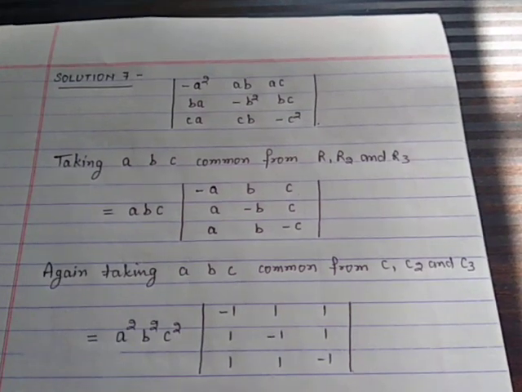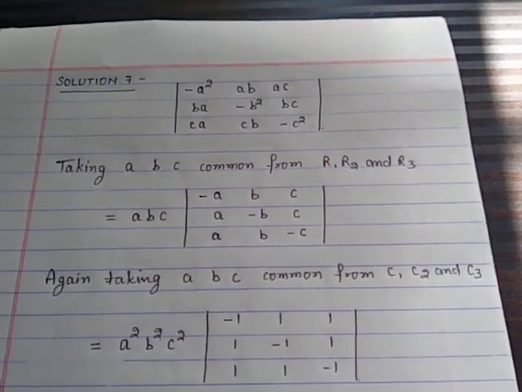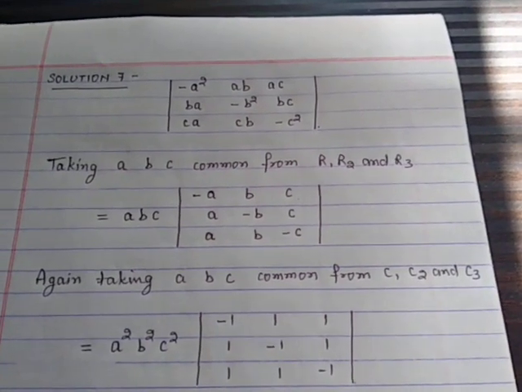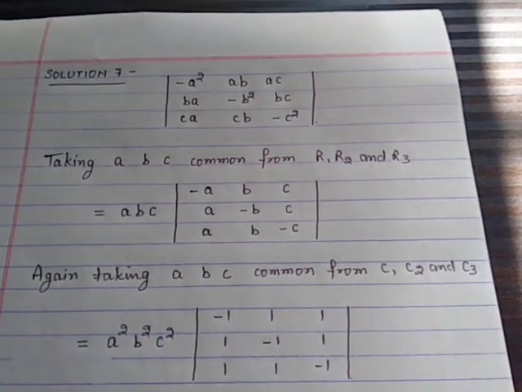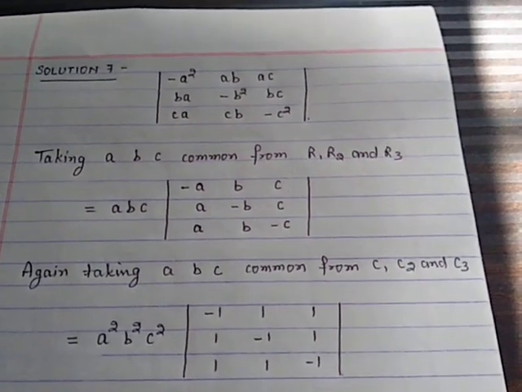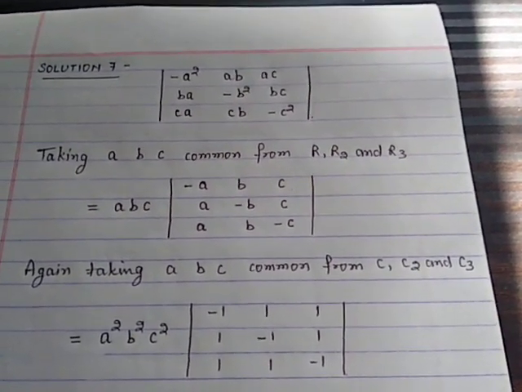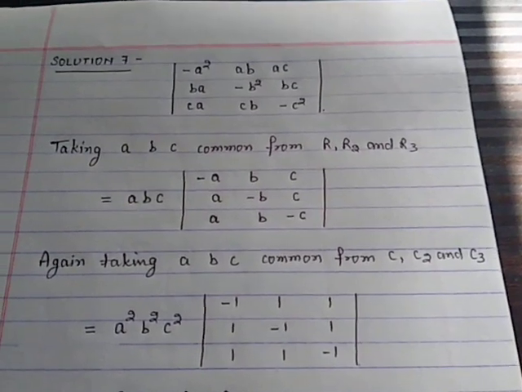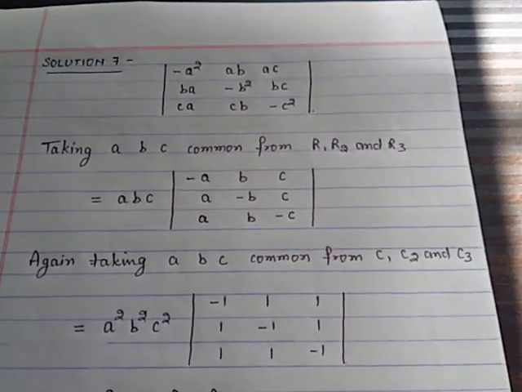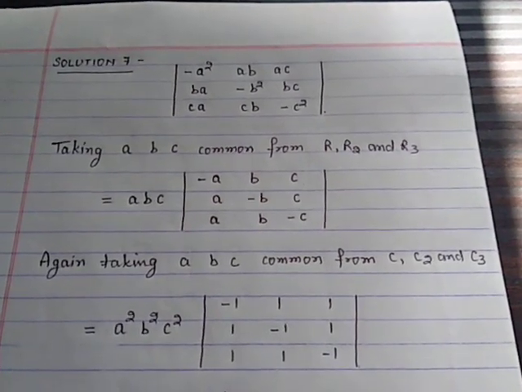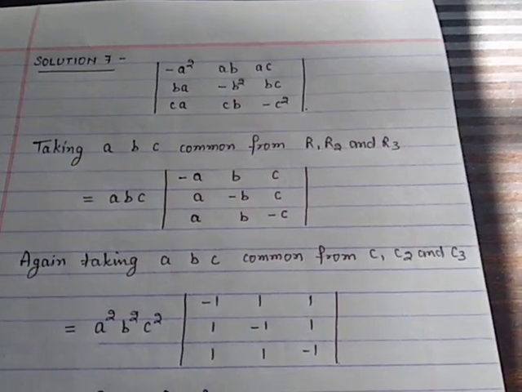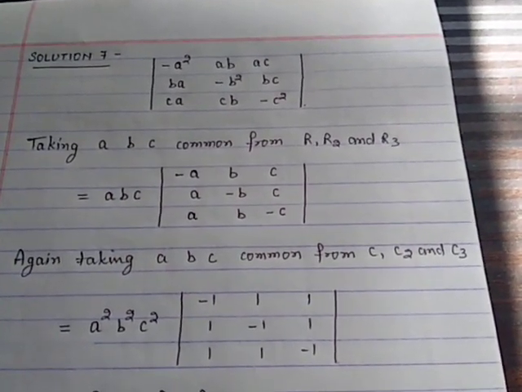So abc first from all 3 rows, again abc from all 3 columns. So it will be a square, b square, c square, and the determinant changes to -1, 1, 1, then second row 1, -1, 1, third row 1, 1, -1.